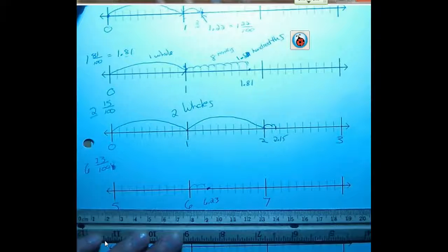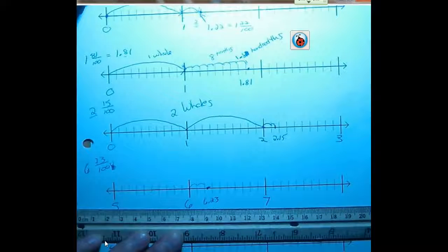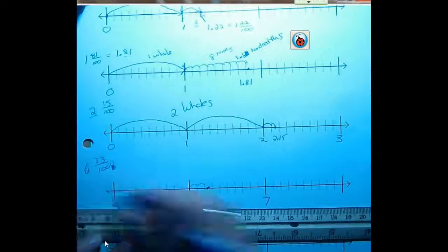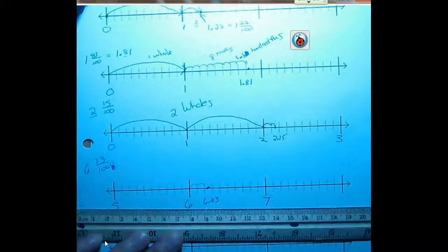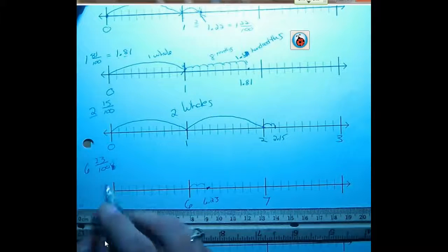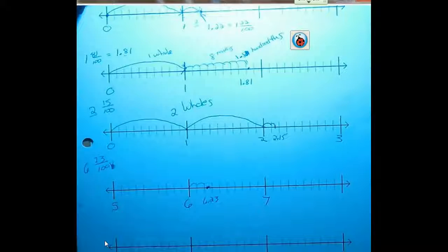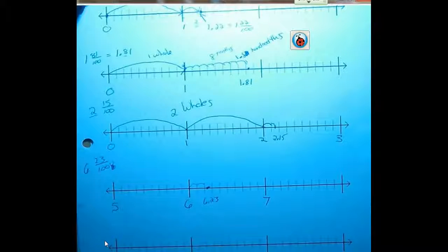However, if I had 6 and 23 hundredths of a meter, well, this would be 1 meter. We could say this would be 0. Over here we would have 6. And then we could go 2 for the 20. And 1, 2, 3, it would be that little dot right there. That would be 6 and 23 hundredths. Okay. Let's get out the problem set.